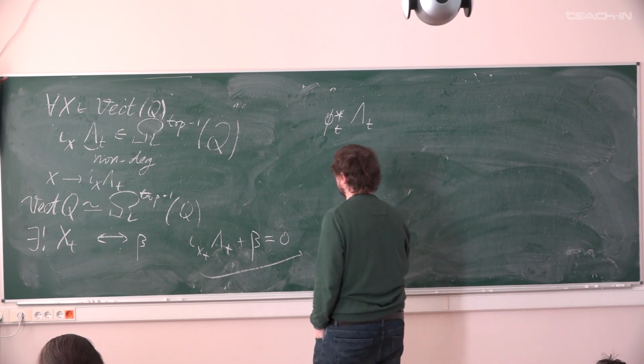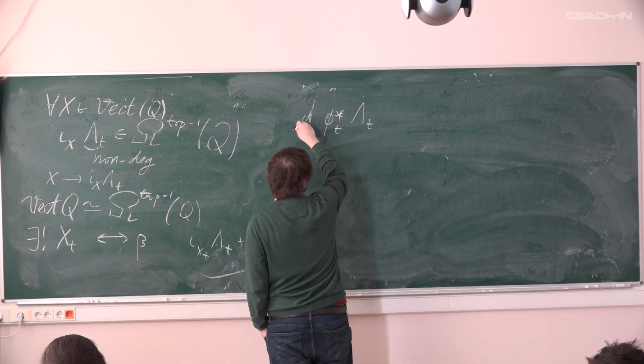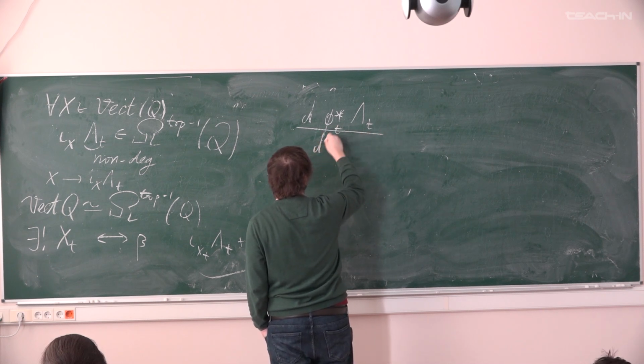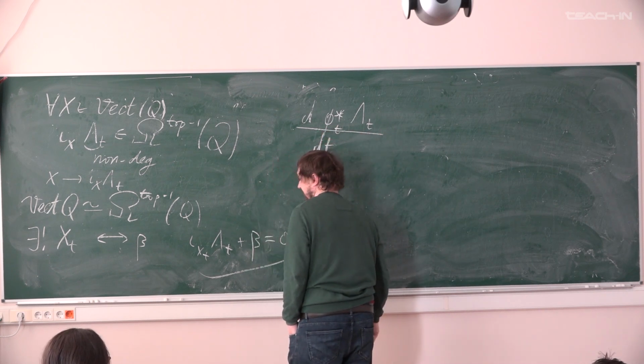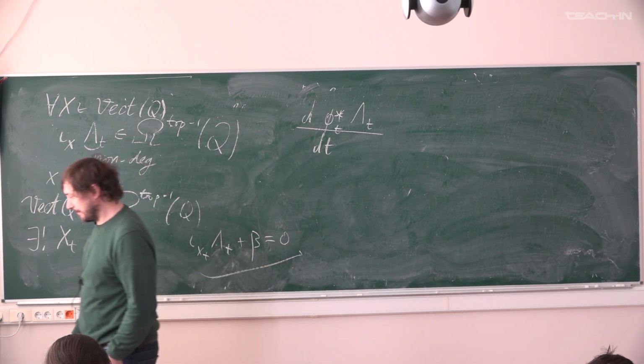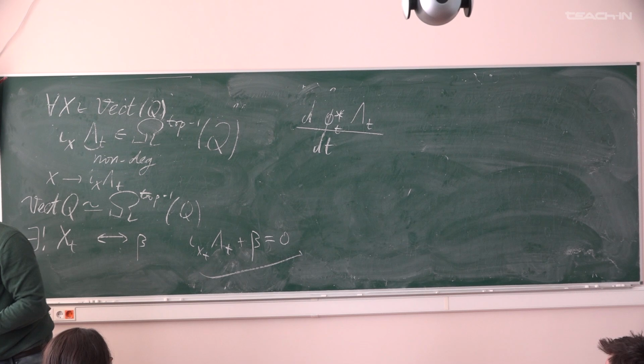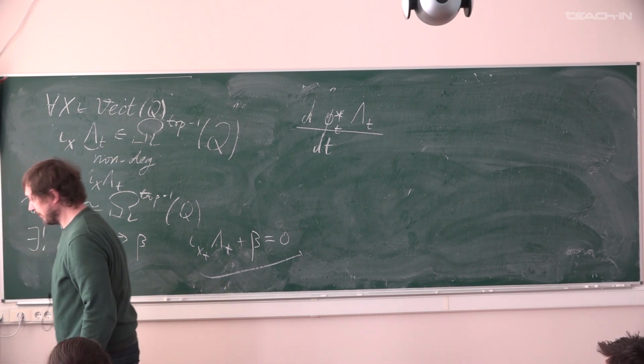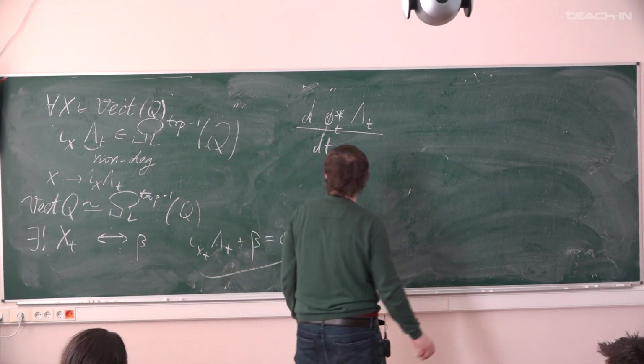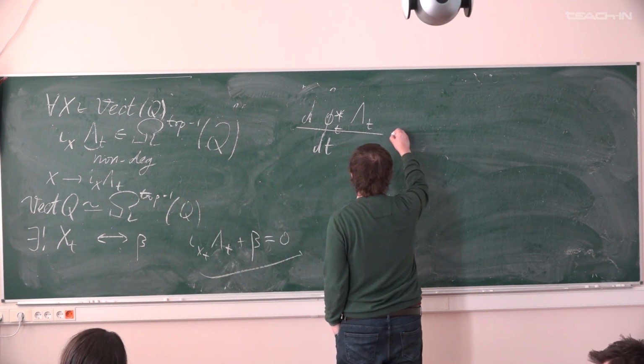And then I differentiate it with respect to t, right? So what I get, there will be two components.